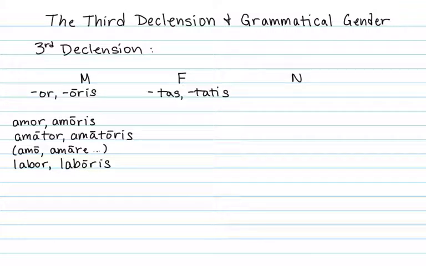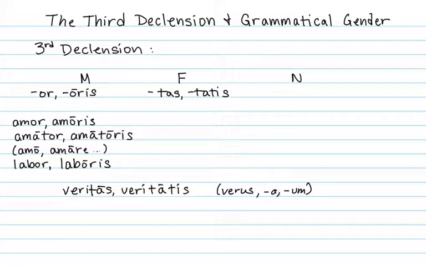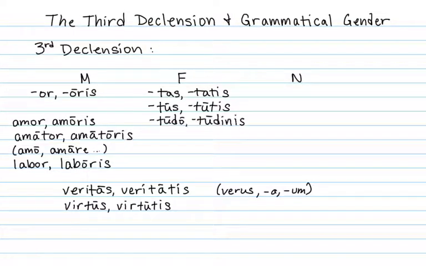In the feminine, anything that ends in tas, tatis, like veritas, veritatis, is feminine. You'll notice that this is related to verus, verum, the word for true. Veritas is truth. Anything that ends in tus, tutis, is feminine, like virtus, virtutis, that means virtue.